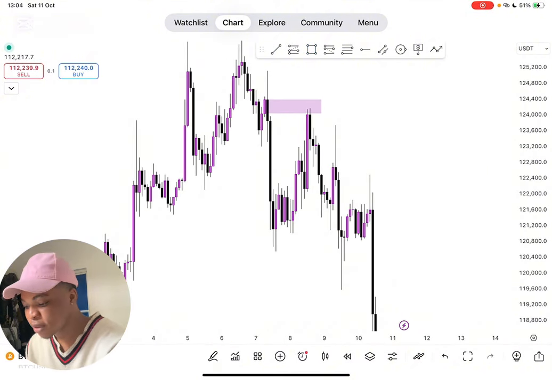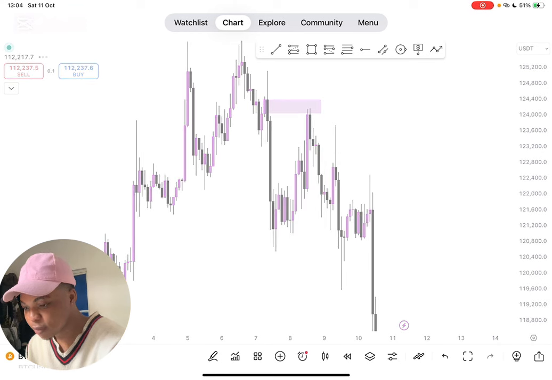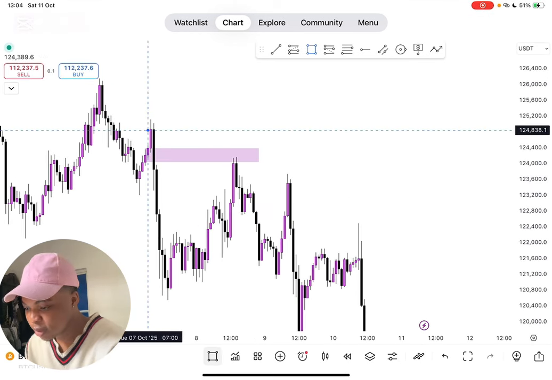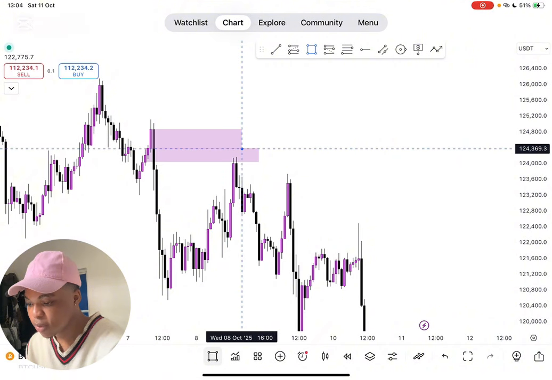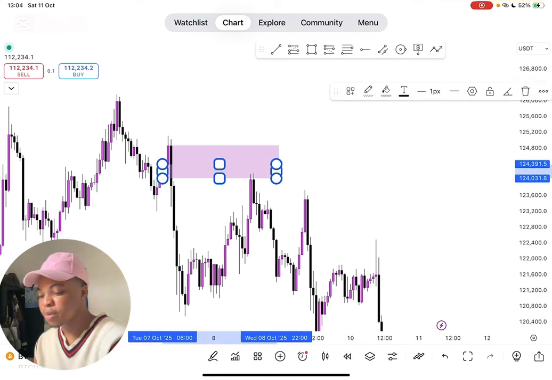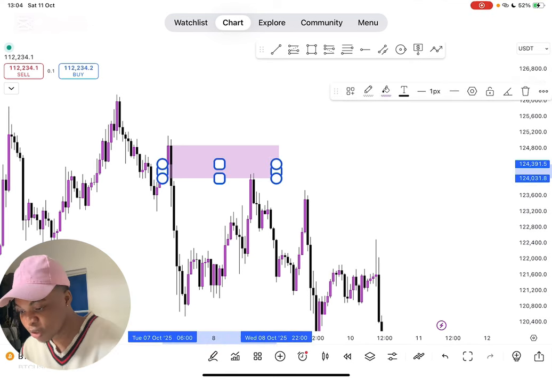Whereas I was waiting for this 1 hour order block here. I did my top down analysis properly, so I should have known to use this 2 hours order block, because it was in confluence with the 4 hours order block.